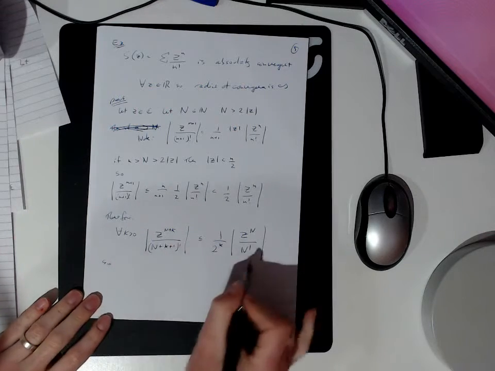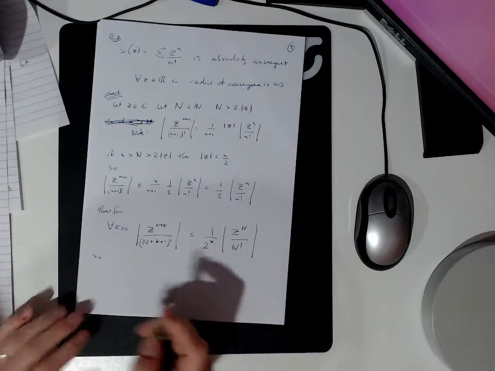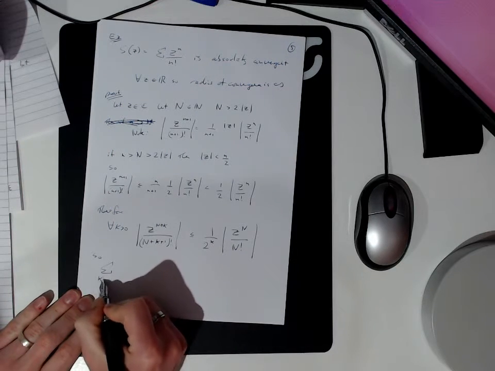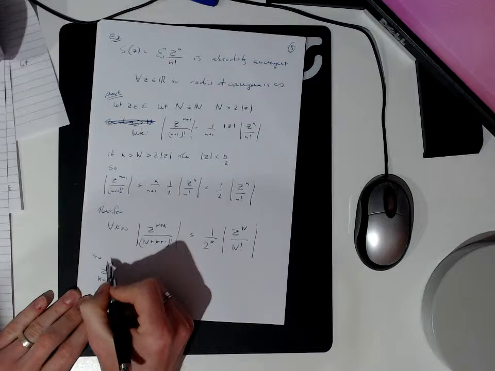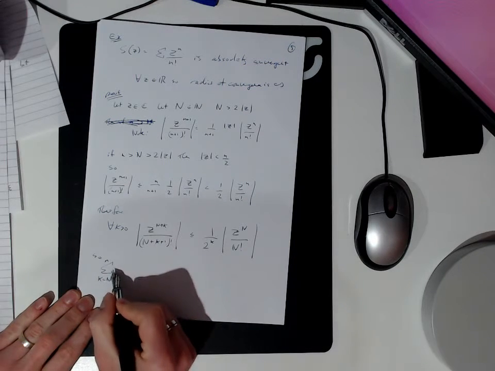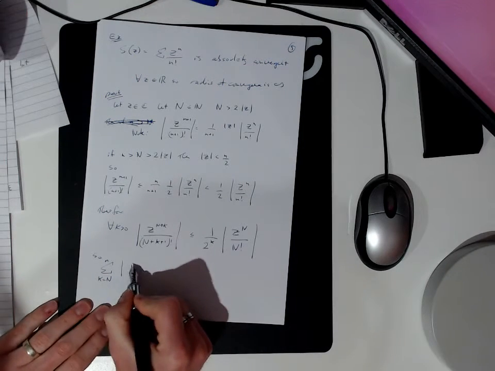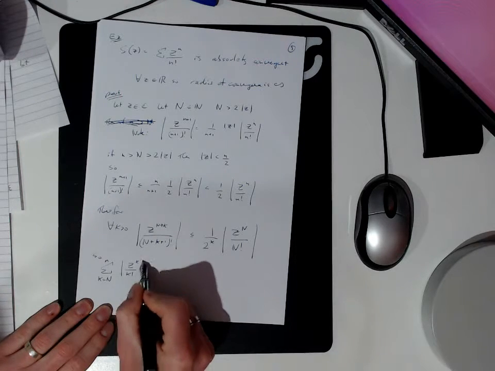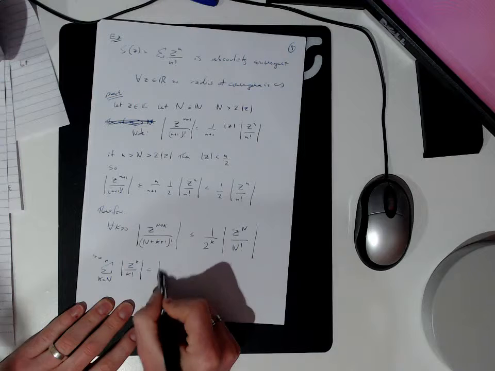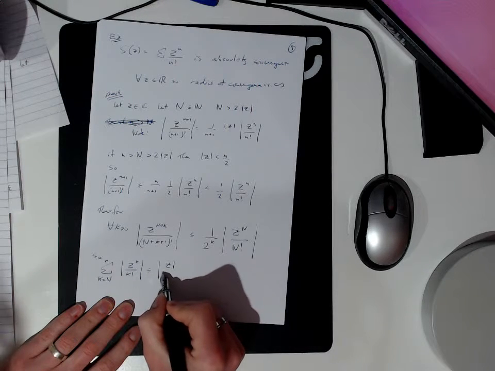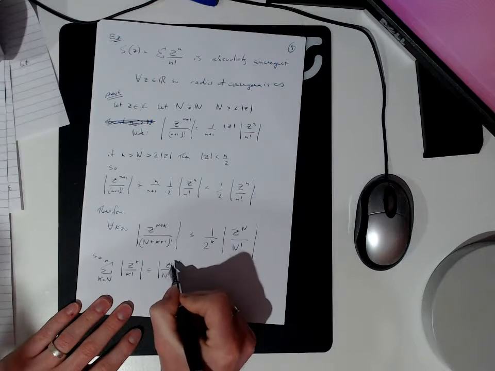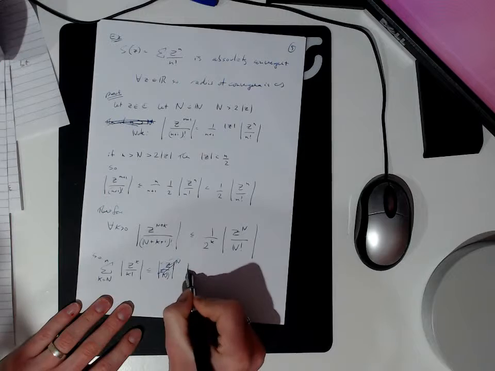So, the sum from k equals N to n of the modulus of z^k over k factorial. Now I'm looking at absolute convergence here, so we're taking the modulus. This is less than or equal to the Nth term times, oops, I've written it all wrong.